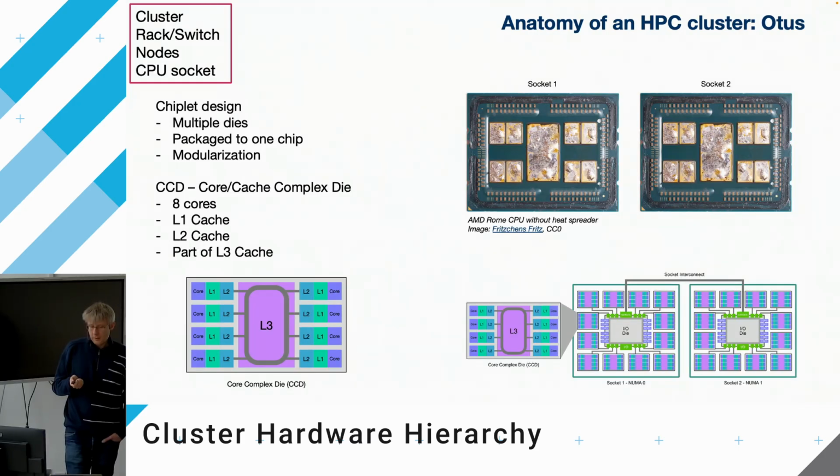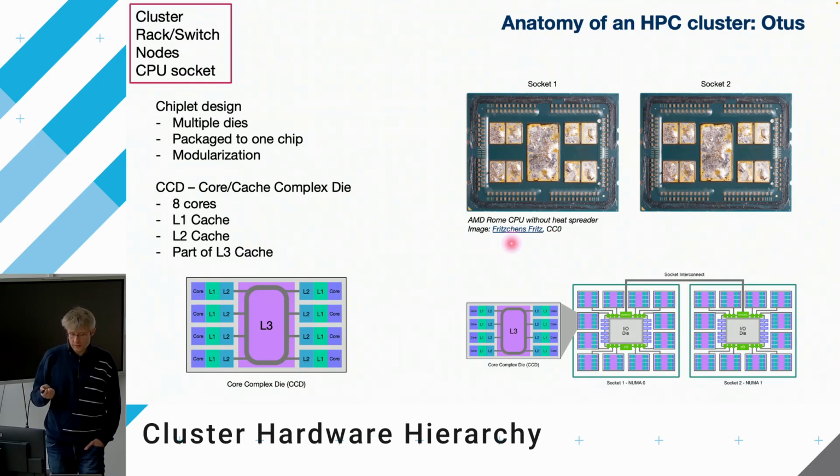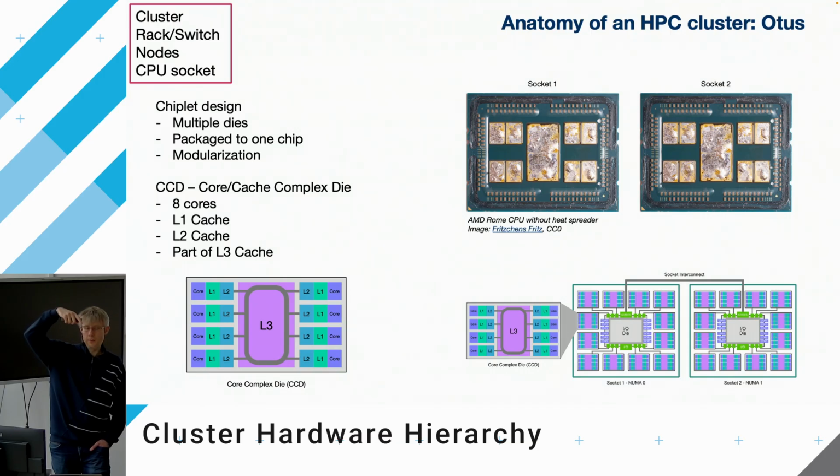We can take a closer look at how these CPUs are constructed. We have already seen that we have some kind of hierarchy in the architecture. We have the racks, multiple CPU nodes per rack, and two CPUs per node. But as we see here, inside of one CPU socket there's still a hierarchy. This picture is from a different model than in Autos.